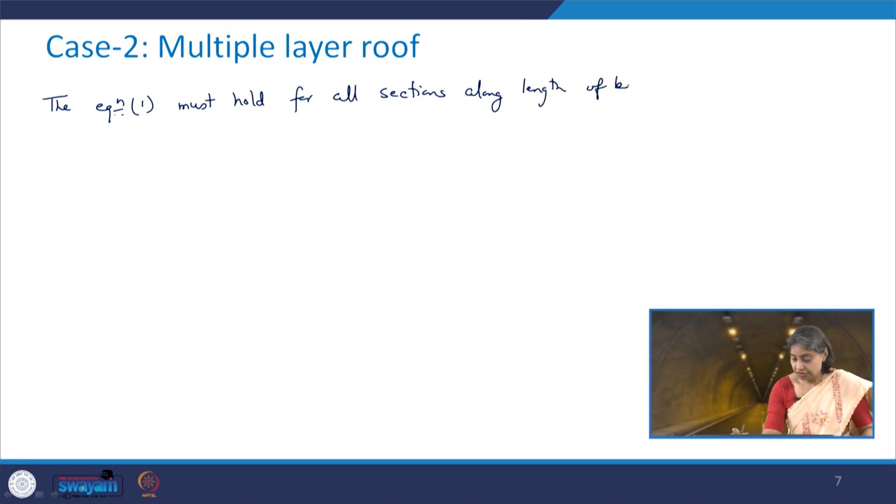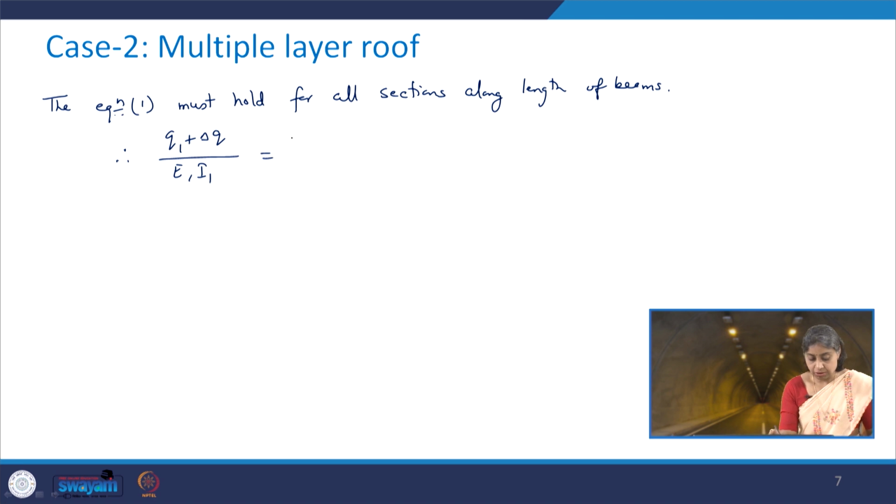Therefore, what you will get is that Q1 plus delta Q by E1 I1 will be equal to Q2 minus delta Q upon E2 I2. Now we can solve this for delta Q. So let us see how it is done.